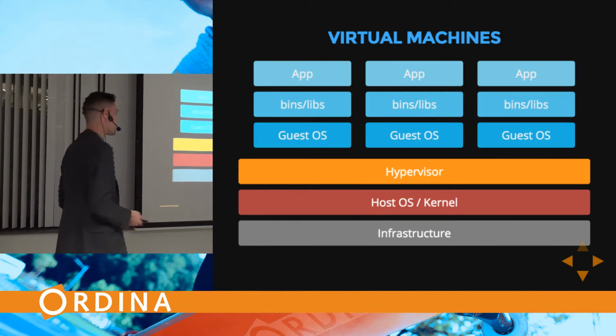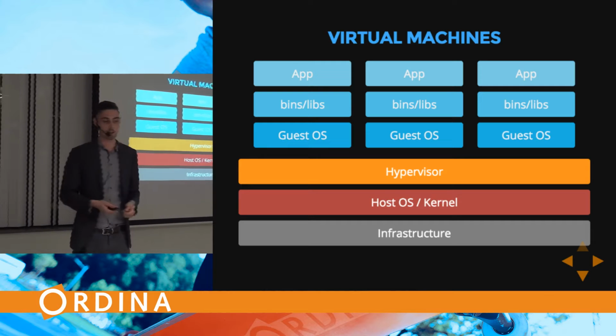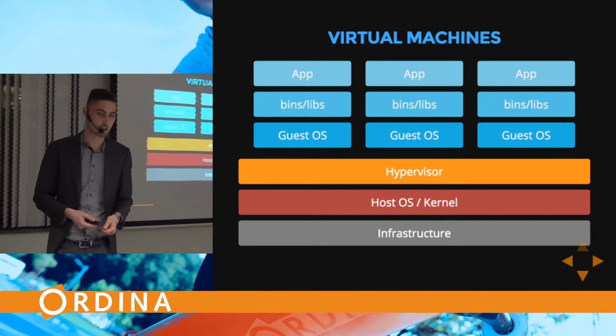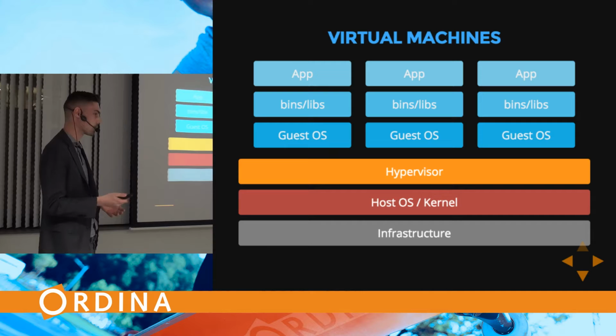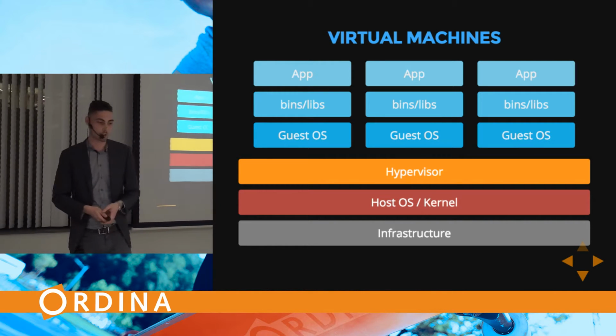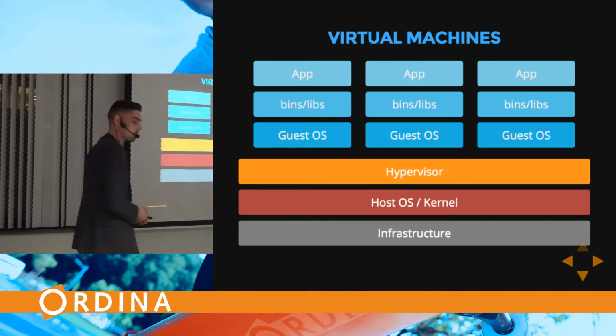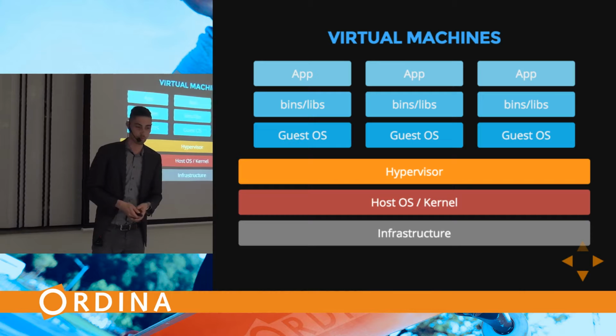And each virtual machine contains a guest operating system, and the application and its dependencies. And if you want to scale that virtual machine, you have to take the complete image and replicate it, including replicating the guest operating system.